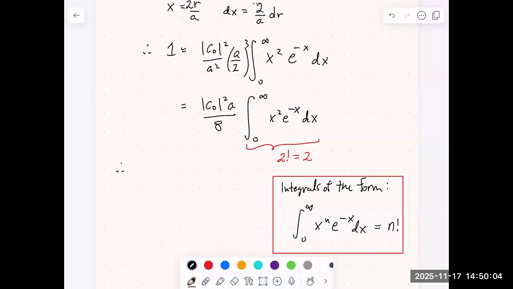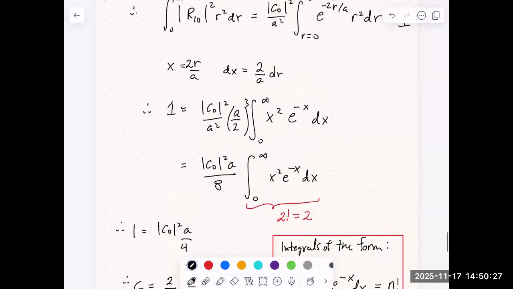Okay, and so therefore we get 1 is equal to C0 squared times 8 divided by 2, which is a 4. And so therefore C0 is equal to, let's see, 2 over root A. And so that's our normalization for the ground state, the radial part of the wave function.